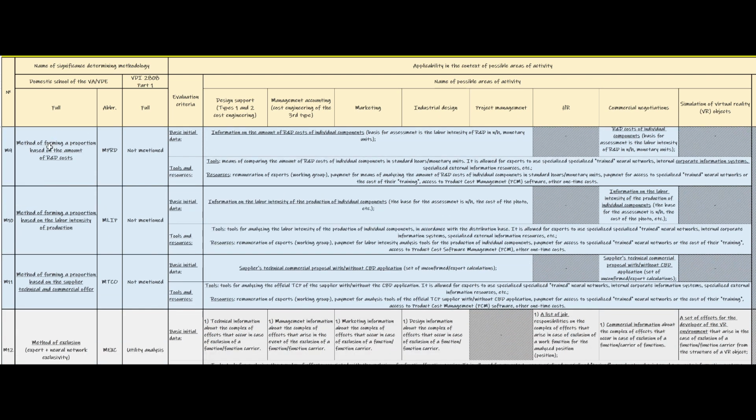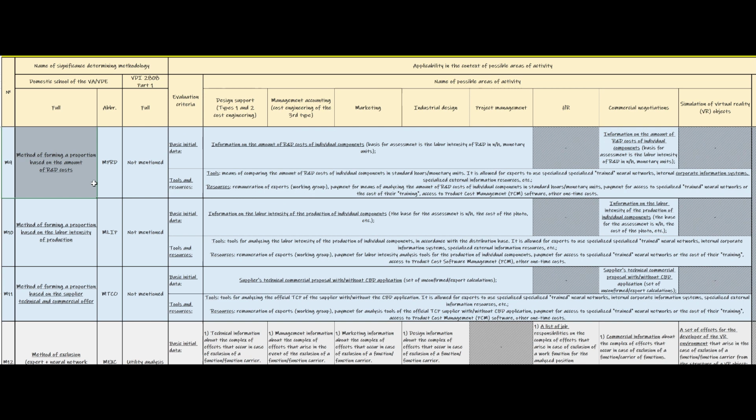M9. Method of forming a proportion based on the amount of R&D costs, and M10. Method of forming a proportion based on the labor intensity of production. In the application of the M9 and M10 techniques, as their name implies, the importance of function carriers is assessed either in accordance with R&D costs for each carrier or in accordance with the actual expert costs of their production.